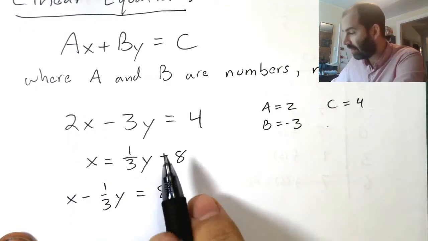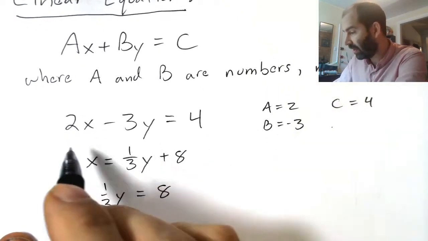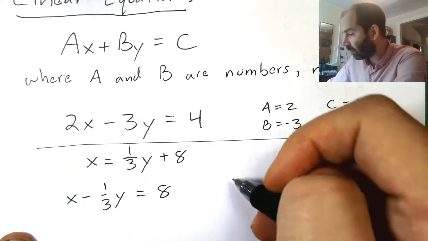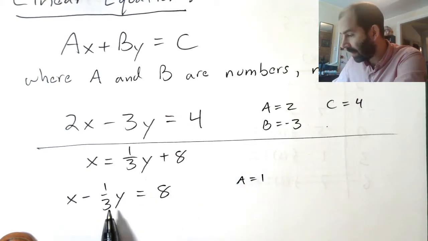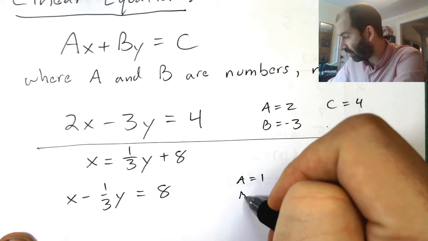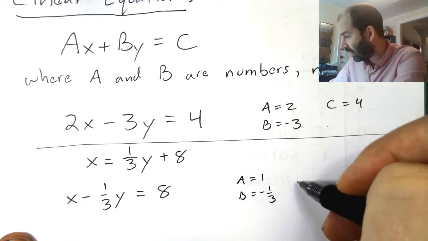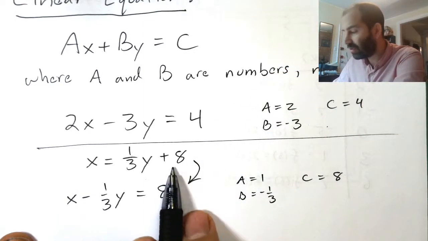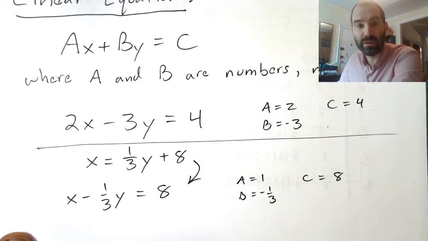Through a little algebraic manipulation, this becomes that, and now I can see that this is a linear equation with a equals 1, b equals negative 1/3, and c equals 8.